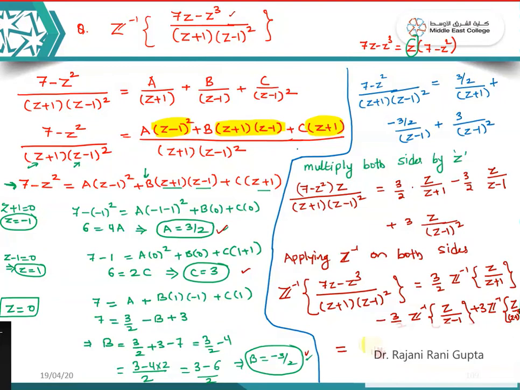So this gives 3 over 2 times (minus 1) to the power k, minus 3 over 2 times 1 to the power k, plus 3k. This completes the solution.